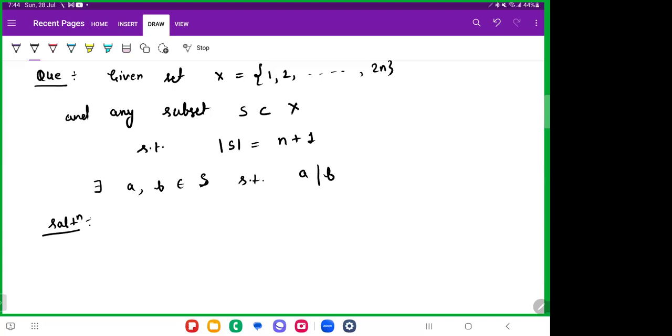If some number divides, then said number has an associated set. So n sets for the first n natural numbers. Then each set will have 2n divided by whatever the number you are dividing, floor, minus 1 elements.